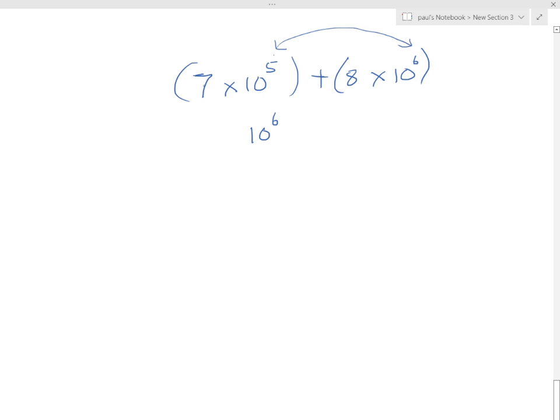Then I make this 10 times smaller, 0.7. Don't worry about it not being in standard form. We're only using this to add the things together. We'll put it into standard form in a minute. So 8 plus 0.7 is 8.7 times 10 to the 6, because we're adding. And this way, if you go for the smaller number, your answer is always in standard form. Subtraction is exactly the same, but the other way around.